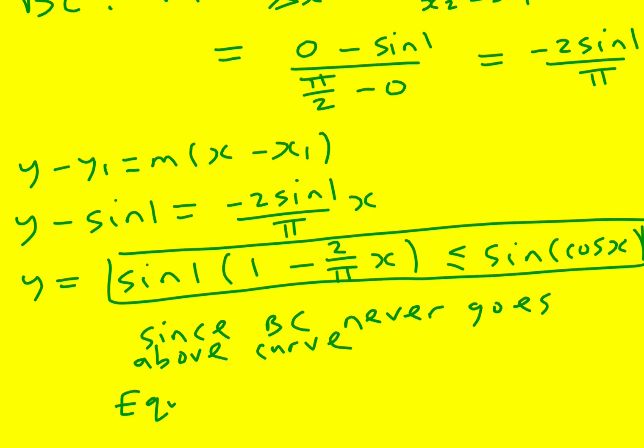And again, we're asked when they're equal. And it's going to be at B when x is equal to 0, and at C when x is equal to pi over 2.